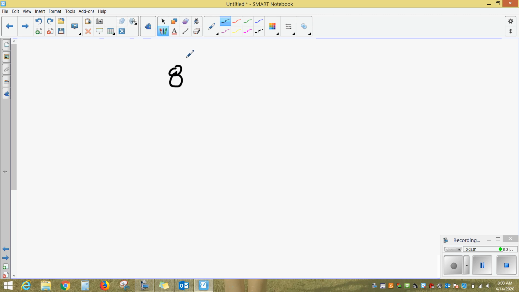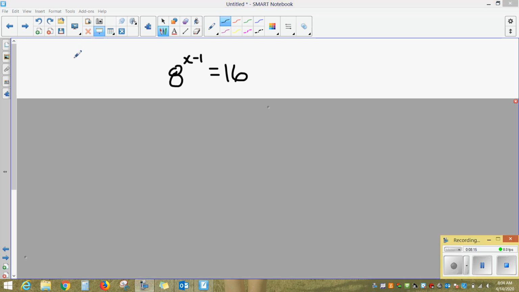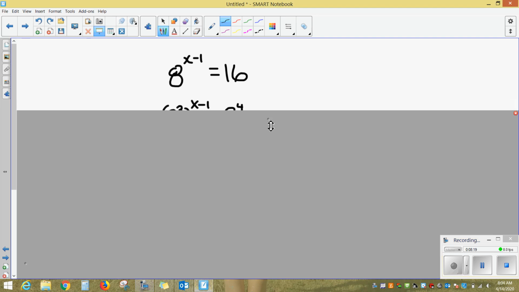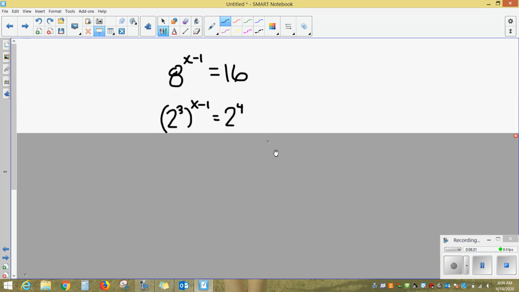Okay. Let's say 8 to the x minus 1 equals 16. Pause the video at your desk to see what you can do with this, and then turn it back on when you're ready to see the answer. Both 8 and 16 are powers of 2, and so we can write 8 as 2 cubed and 16 as 2 to the 4th.